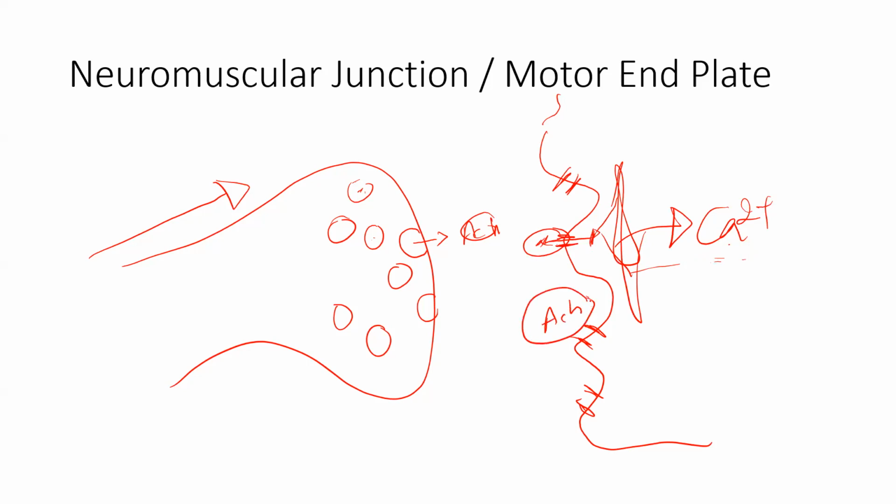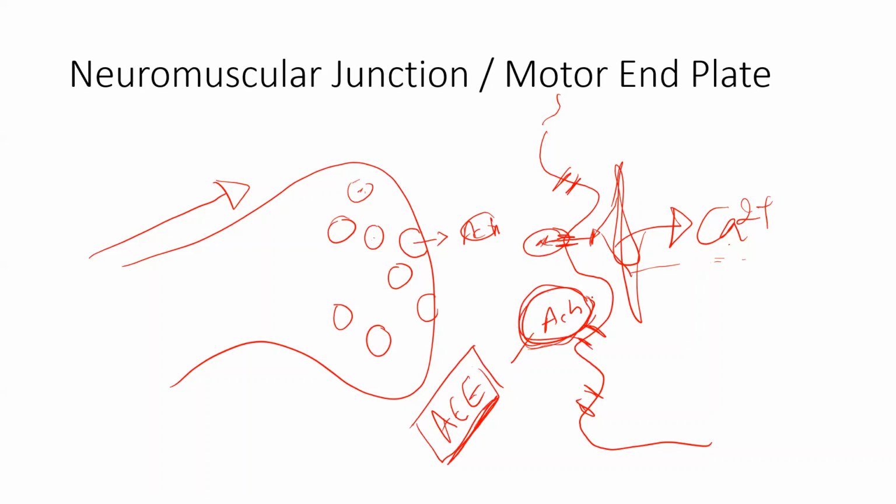And this acetylcholine, what happens to this acetylcholine? Does anyone know? There's an enzyme in this area. Acetylcholine esterase. Yes, very good. So you have an enzyme called acetylcholine esterase.